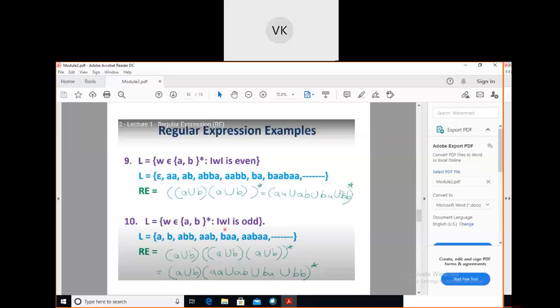I may have AA with any number of times, AB with any number of times, BA with any number of times, BB with any number of times. Even I may have 0 also. Both are equivalent with each other.